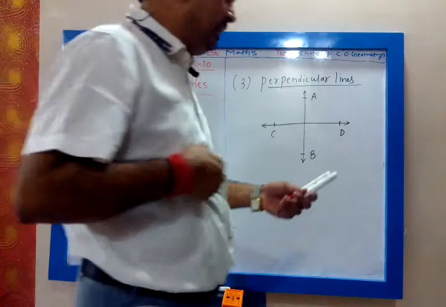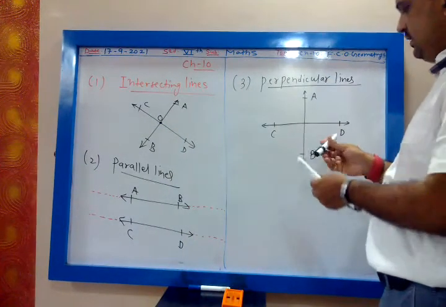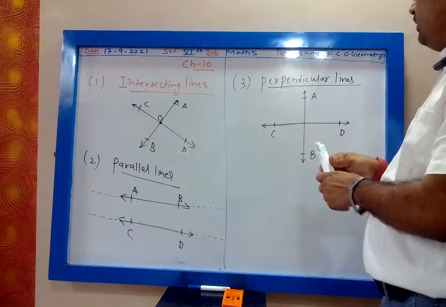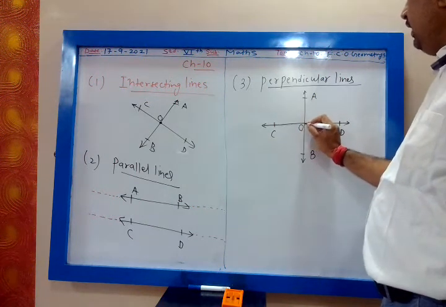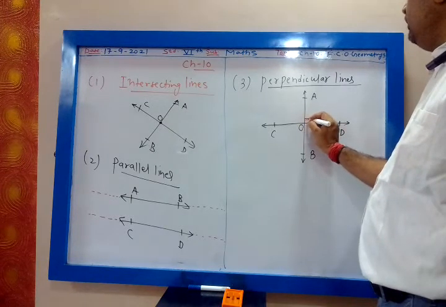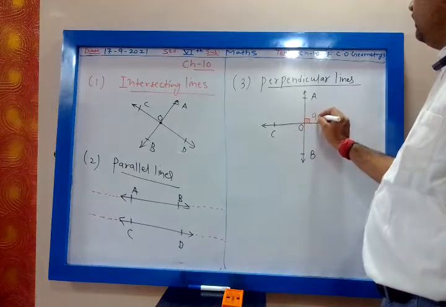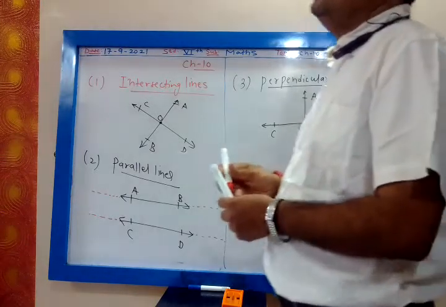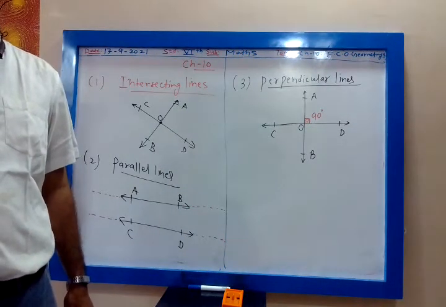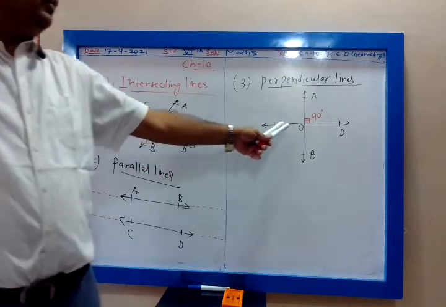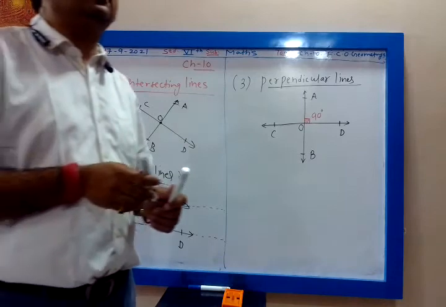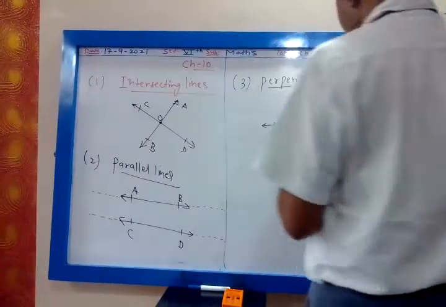third one. If AB and CD intersect each other at one common point O, and at O a 90-degree angle is formed. So whenever two lines are perpendicular, it means a 90-degree angle is formed at the point of intersection, the lines are perpendicular lines.